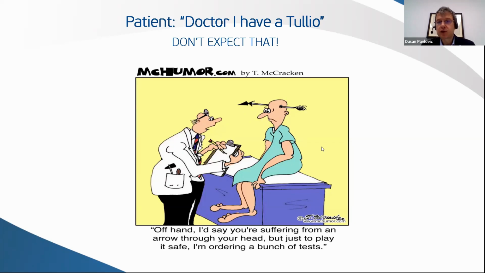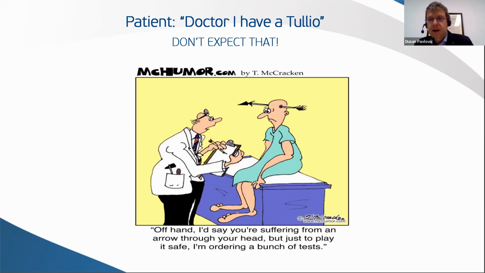I mentioned Tullio phenomenon today, but in clinical practice, don't expect that a patient will have Tullio phenomenon like it is described in textbooks. A patient will not come and say, I have a vertigo when I hear some sounds.